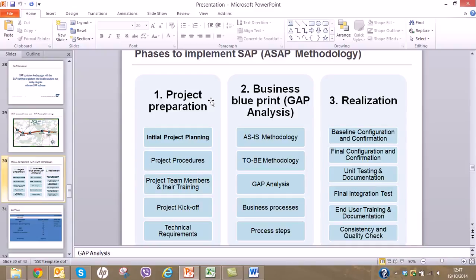All the stakeholders of the organization will sit there: investors, directors, all of them sit together. Project procedures, project team members and their training. They will assign the project team members. Even if they don't know SAP, the key to the permanent people is that they know business processes.